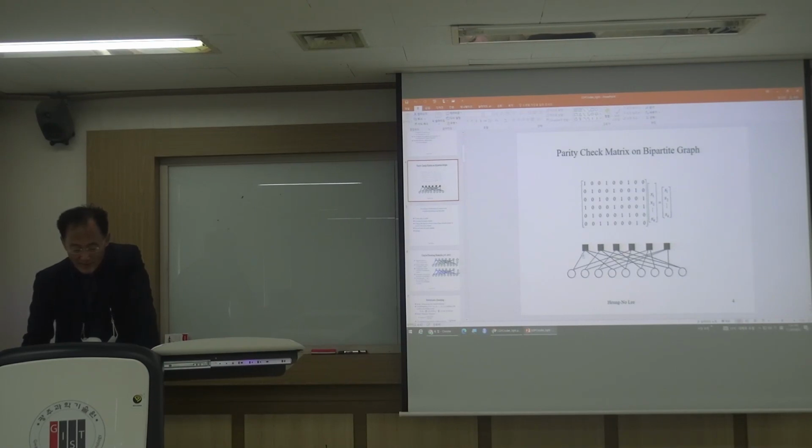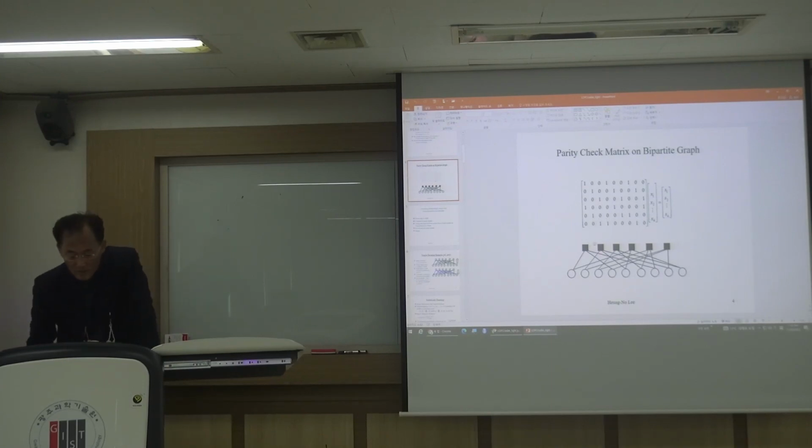So this is x1, x2, x3, x4, x5, x6, x7, and so on, right? So that's the sum of x1, x4, x7. That has to be equal to 0 because the syndrome has to be equal to 0 if this was a code word. So that's the first relation.